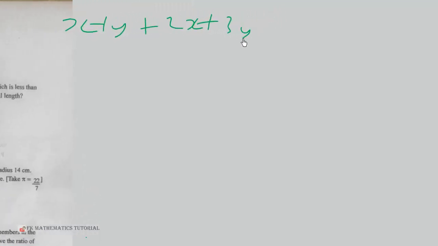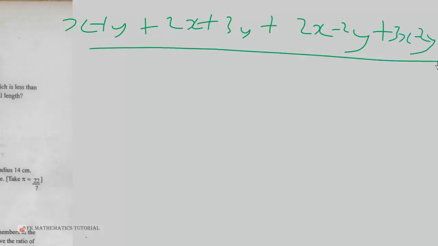Question number 11. We have to find the mean of these numbers. So we add all: x plus y plus 2x plus 3y plus 2x minus 2y plus 3x minus 2y, all over 4.